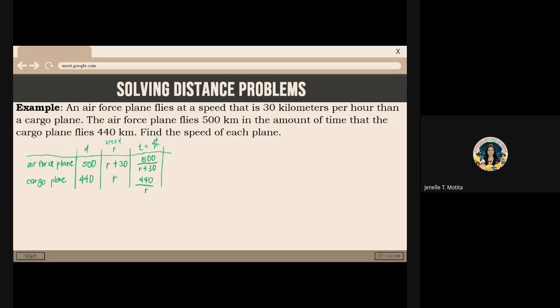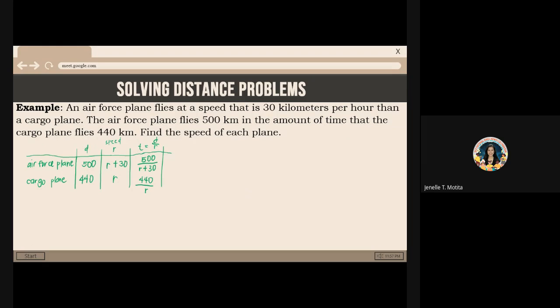Next, for the fourth column, we identify the time. Time is given by D over R. You may look at it this way: how long does it take to finish the distance with that speed?